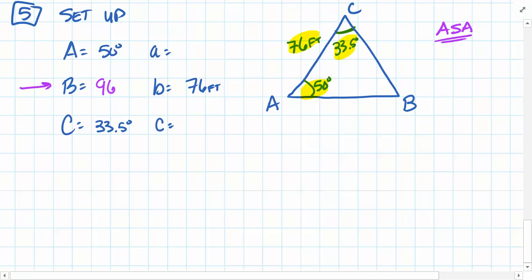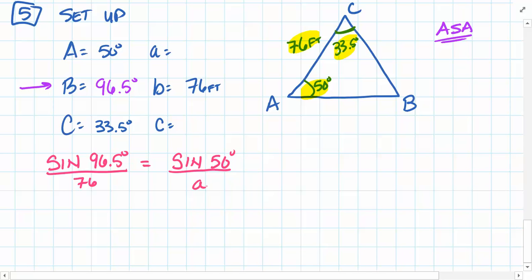Very good. 96.5 degrees. So therefore, that's the one I'm going to start with, right? So here we go. I'm going to say the sine of 96.5 degrees, all divided by 76, has to be the sine of 50 degrees, all divided by side A.